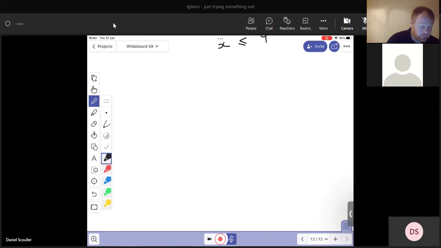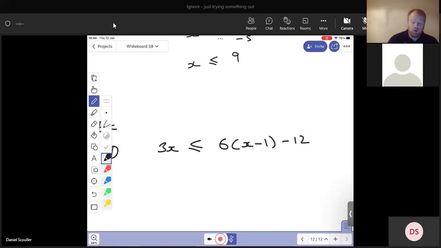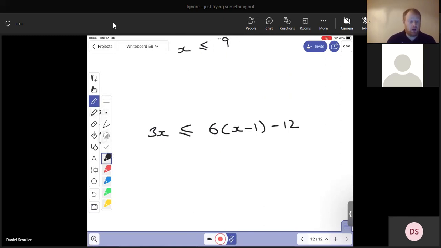Past papers, type of questions that have come up, type of format they've come up. So 3x less than or equal to, and they've thrown a bracket in there. A couple of ways you could approach this. One of the easiest ways is actually to break that bracket, and there's not a lot of occasions where I'll tell you to do that when we're simplifying things.